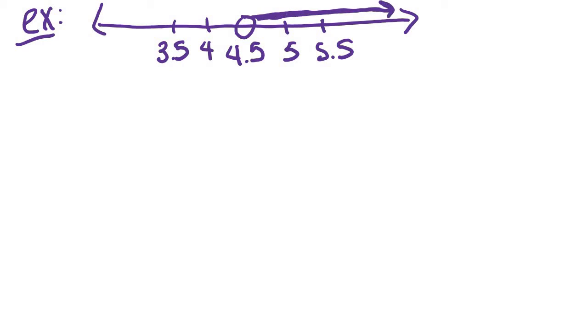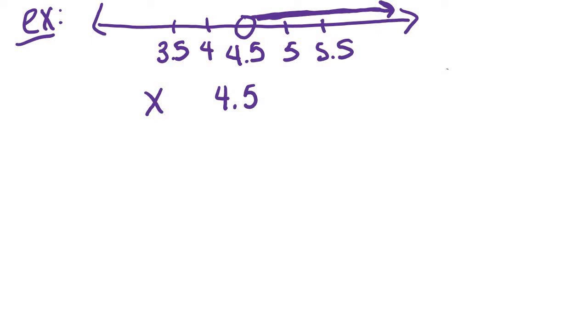All right, so first thing we're going to do is write our variable on the left. And then we're going to write that key number where that open bag is, or our circle. And that's going to be 4.5. So first things first, are we going to have a line on the bottom or not? Meaning, are we going to have something like this or like this? No, because it does not include the 4.5.